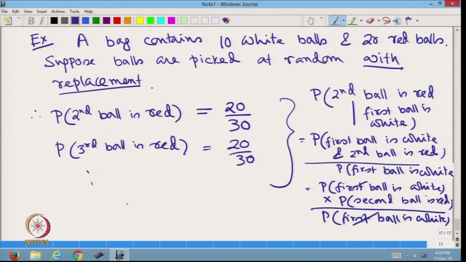Therefore, it cancels, and it is equal to the probability that the second ball is red, which is 20 by 30. Therefore, these two events are independent.